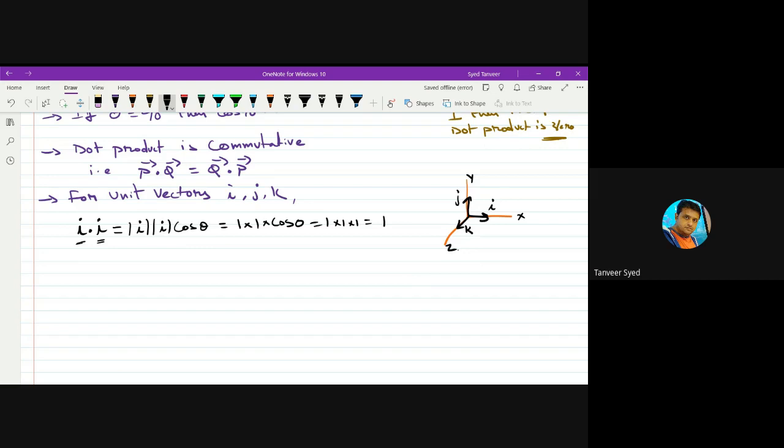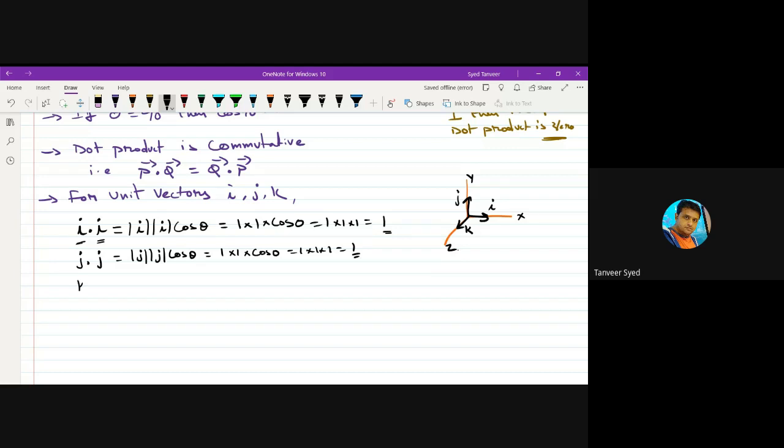This means the scalar product of I and I is 1. Similarly, if I do J dot J, magnitude of J is 1, magnitude of J is 1, and theta is 0 degrees between J and J, same direction. 1 into 1 into 1 is also 1.